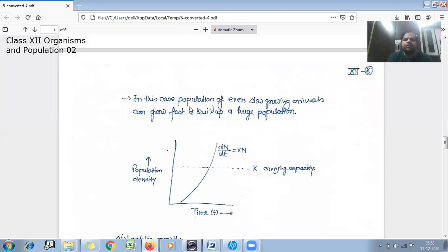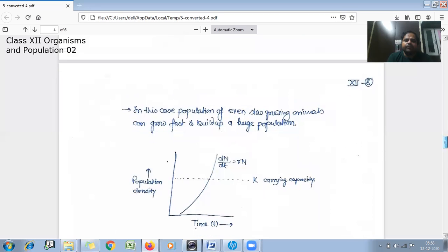In this case, the population of even slow growing animals can grow at a faster rate and build up a huge population. So we can see here the J-shaped structure, but in nature it is not possible. It means there is always a limitation of several factors. So this is a very ideal condition.